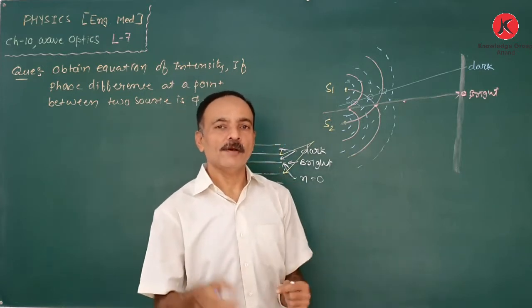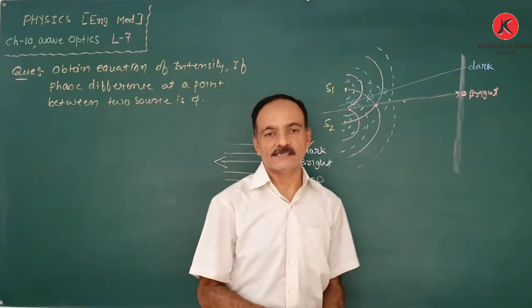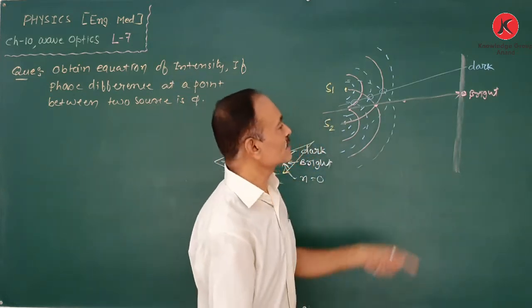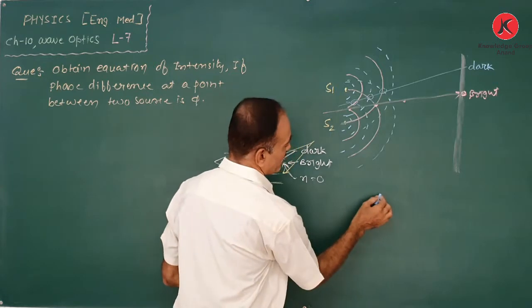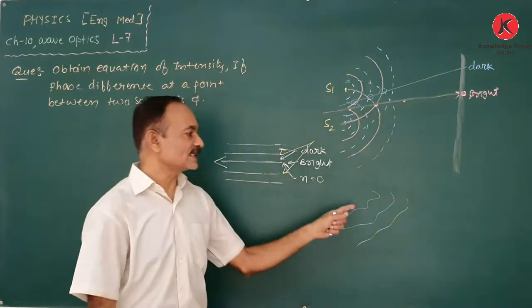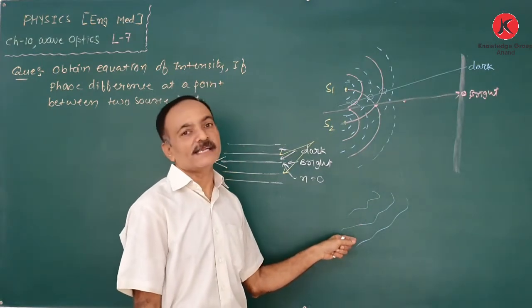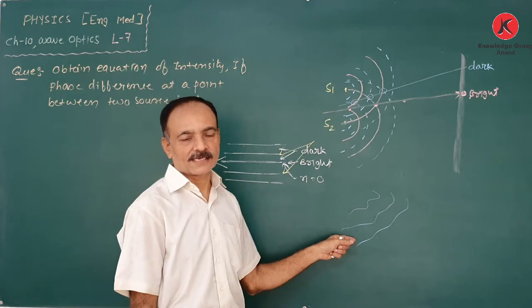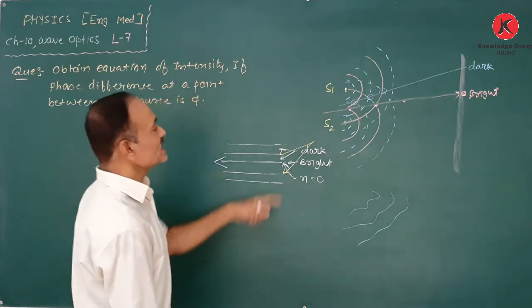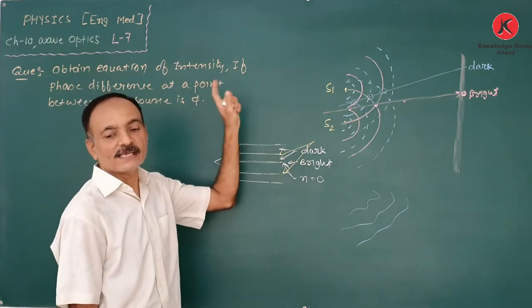At the same time, light waves are incident on this bucket of water. So at the bottom of the bucket, fringes are obtained like this. That is actually due to interference. Clear? Okay, so this type of interference pattern is obtained.